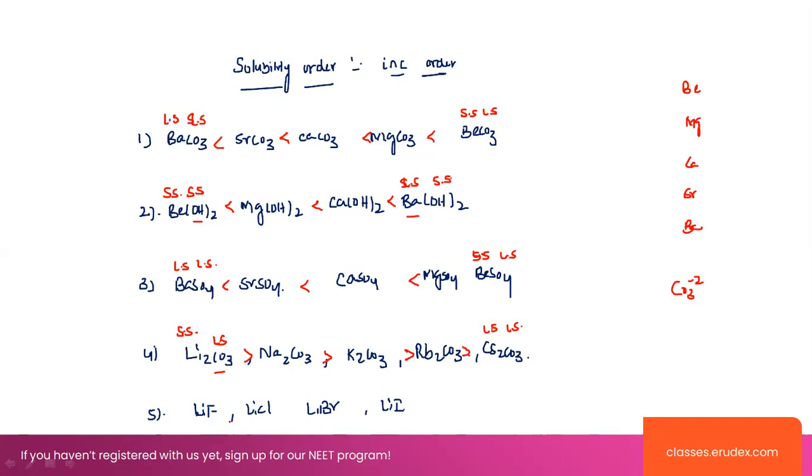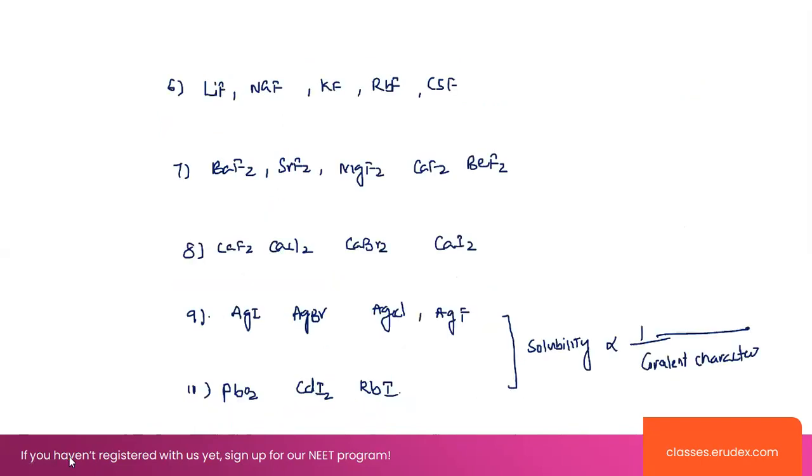Coming to lithium fluoride, lithium bromide and lithium iodide, in this case small size, whereas this will be small size and large size. So the order will be increasing, right? Coming to LiF, NaF, potassium fluoride, rubidium fluoride and cesium fluoride, small size of cation. Here it is large size, small size. So this has more solubility here, and we will write the order like this.